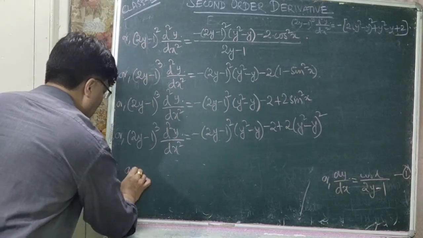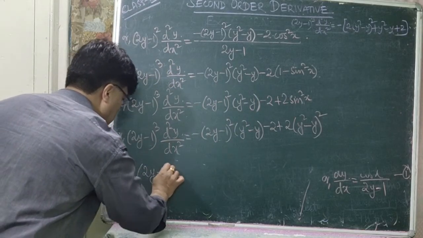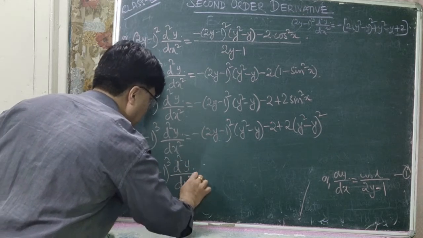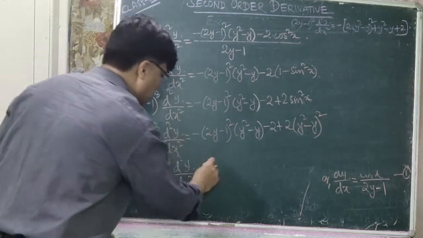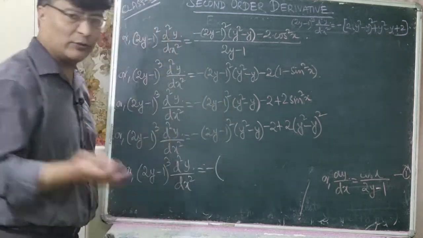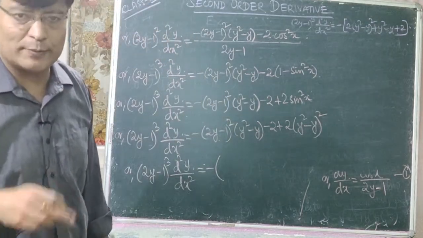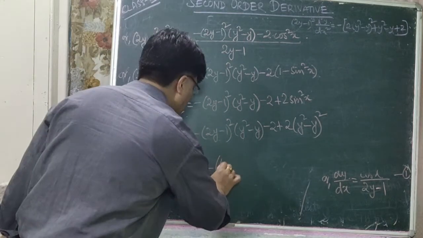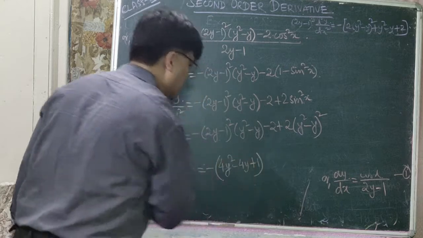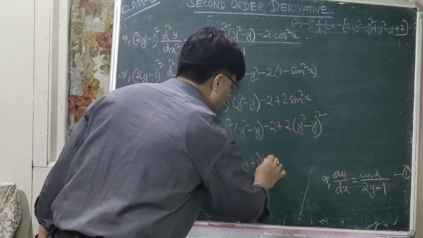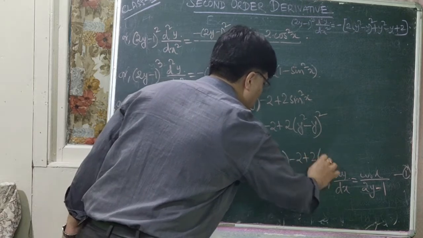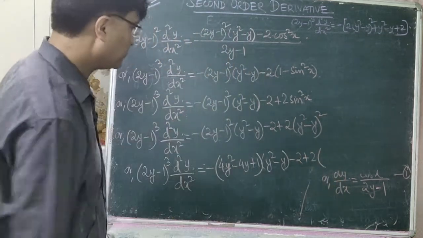Okay. So (2y minus 1) whole cube into d2y by dx square is equal to, let us expand it, minus within first bracket. This is your a minus b whole square. You know a minus b whole square, a square minus 2ab plus b square. So it is 4y square minus 4y plus 1, right? Then y square minus y is there, minus 2 plus 2 into, again this is the form.